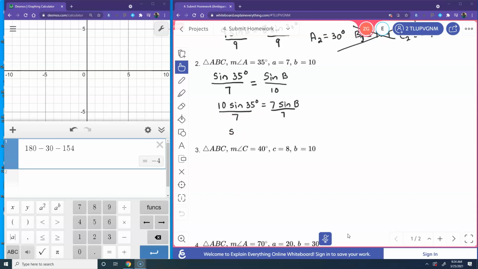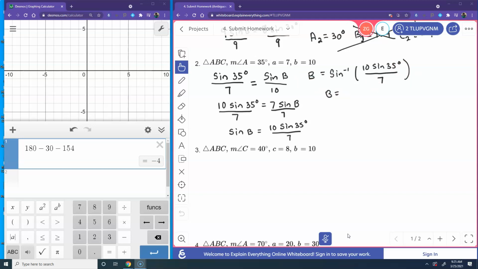So what we have is the sine of B is equal to 10 sine of 35 degrees over 7. So to find that angle, we're going to use the inverse sine. So you're going to say inverse sine of 10 times the sine of 35 degrees over 7. And that's going to give you angle B.